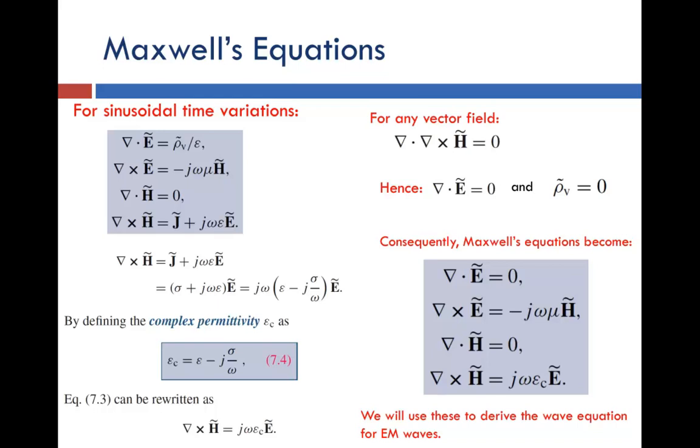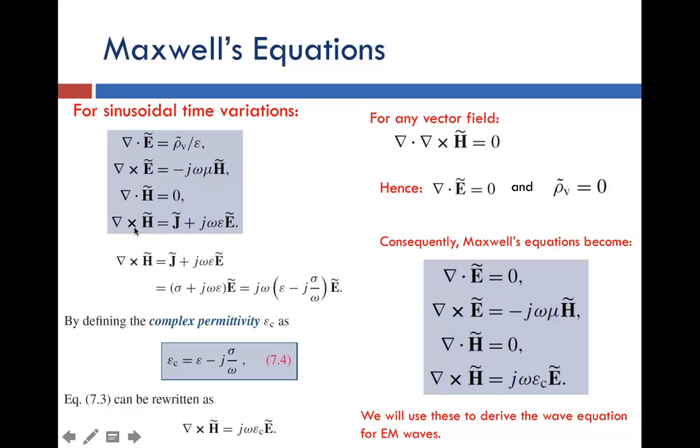A phasor transformation has already been done to take the time domain to the phasor domain. So in this form of Maxwell's equations that you see in the top left gray box, the time variation has been removed by substituting the phasor form. So that's where this minus j omega comes from.